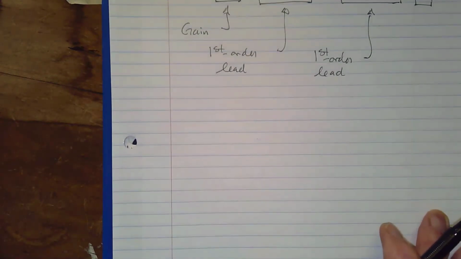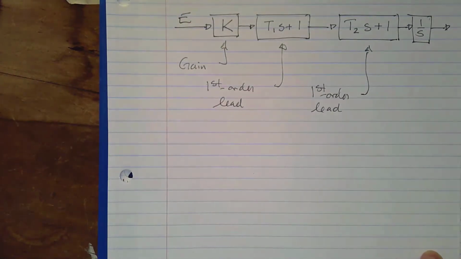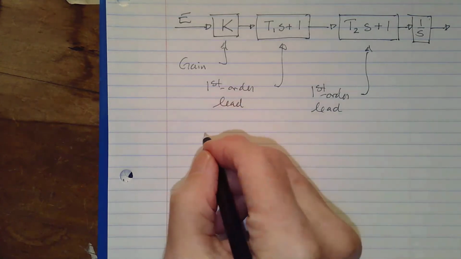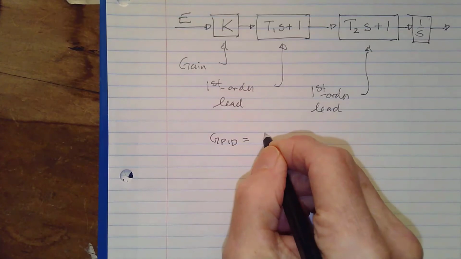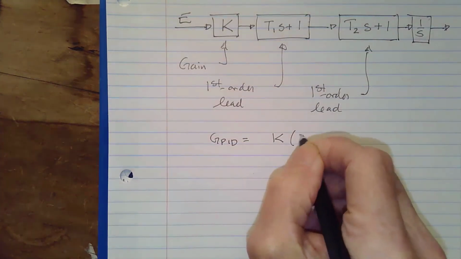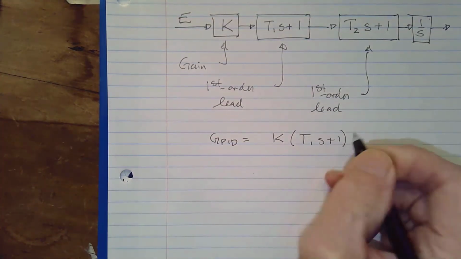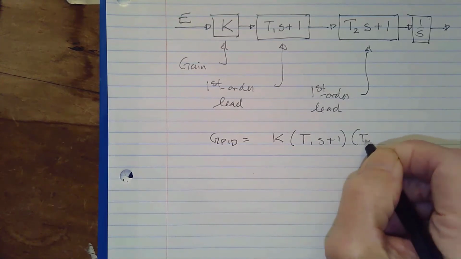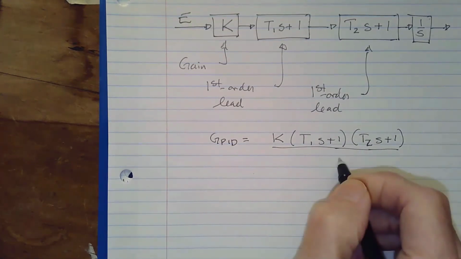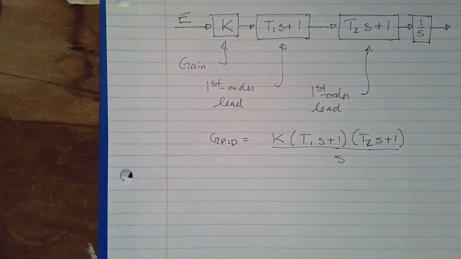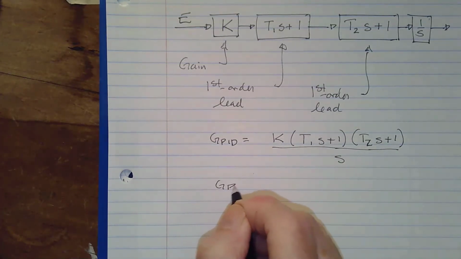if we look at that, let me pull it back up here so we can see it. I can modify this a little bit. Our G_PID for this version would be K times (T1 S plus 1) times (T2 S plus 1) over S. Or we can do a little bit of manipulation here.